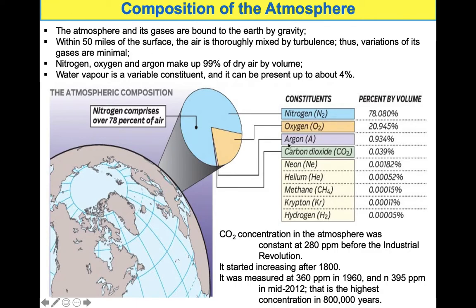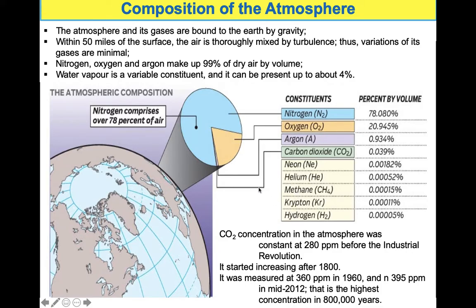Collectively, they make up nearly 99% of the dry air by volume. And then, of course, we have carbon dioxide and water vapor in the atmosphere, where water vapor might be up to sometimes 4%. And the other gases include neon, helium, methane. Methane is a greenhouse gas, as you know, krypton, and hydrogen.